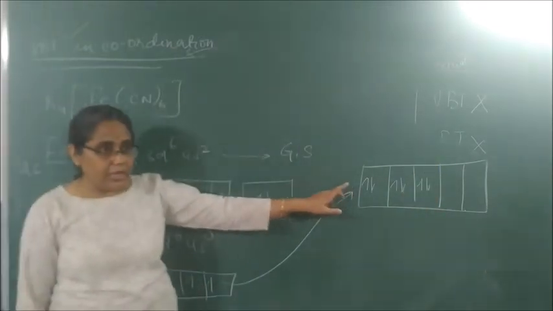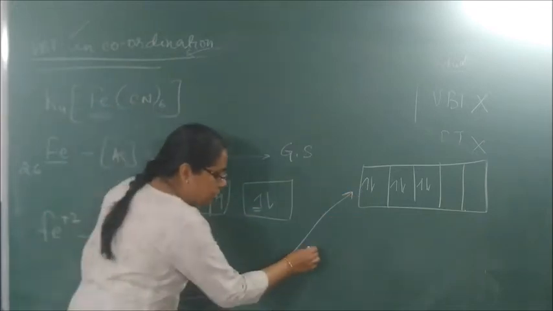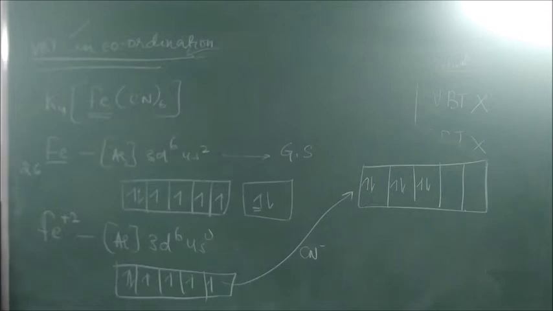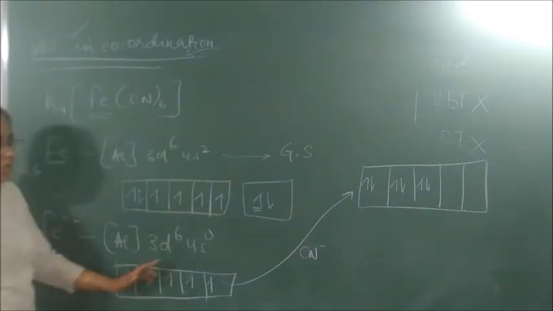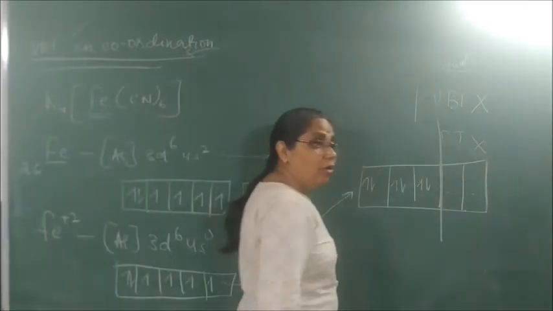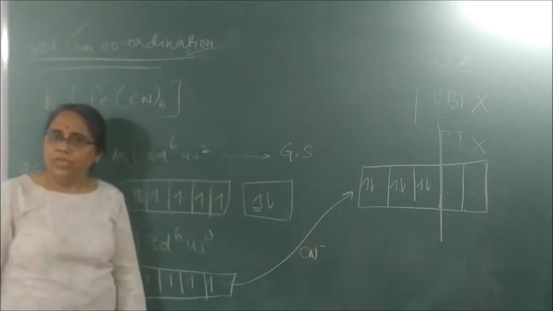This kind of pairing, which takes place in the presence of a strong ligand, is called what pairing? Spin pairing or forced pairing. The moment it happens, I get 2 empty d orbitals for electrons from the ligand.